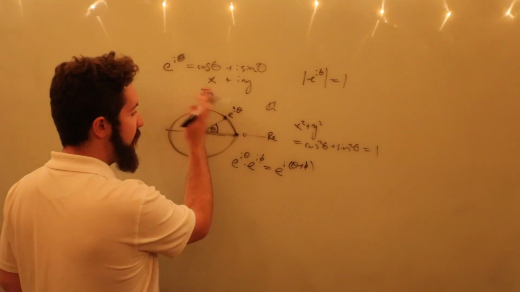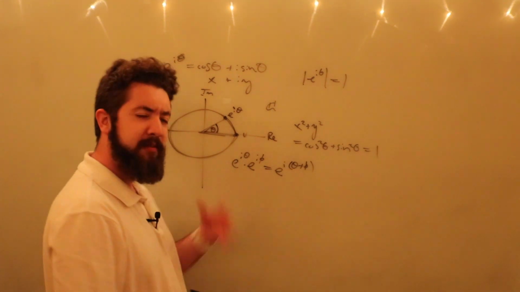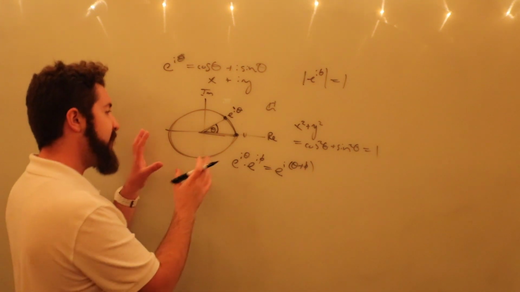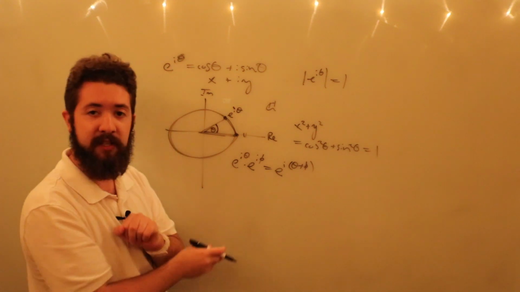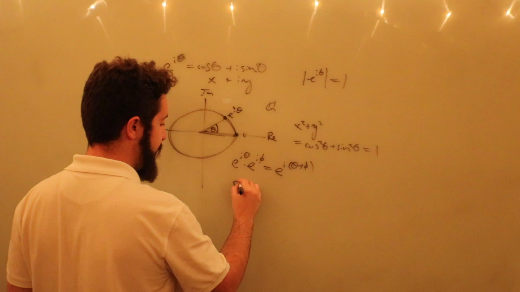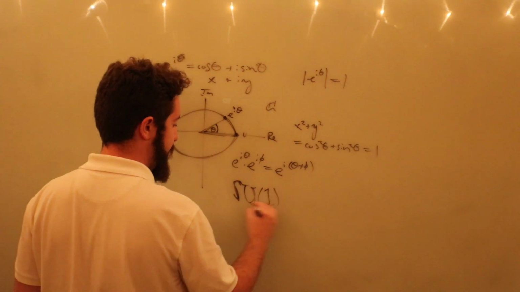You can talk about this operation of rotation and it becomes a group, right? And I've talked about groups before, and you can look elsewhere for information on that. But specifically, when we talk about the unit circle in the complex plane parameterized in this way, what we're talking about is a famous group called the special unitary group of 1, SU(1).